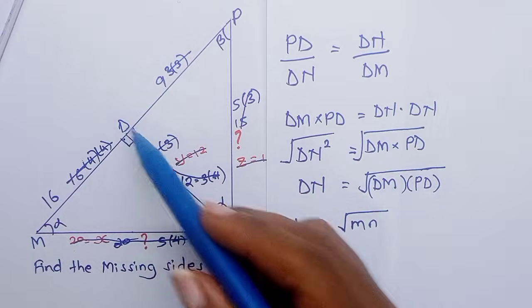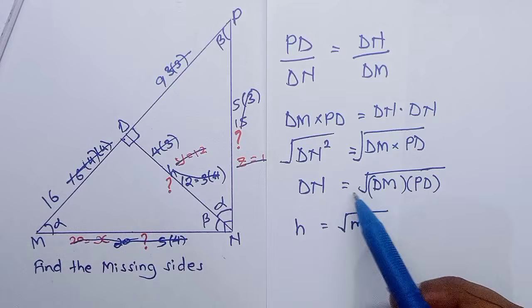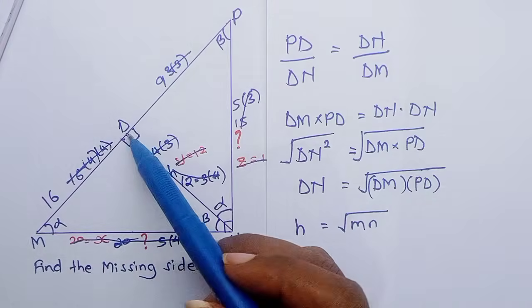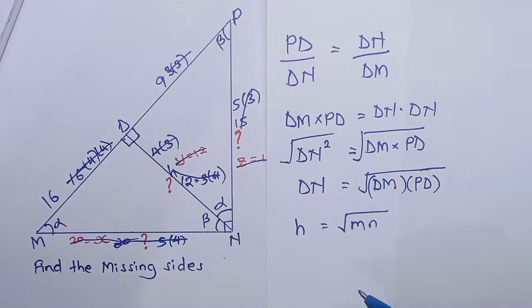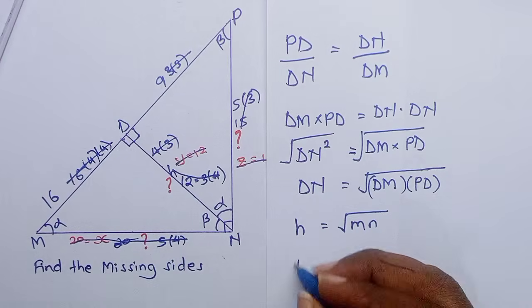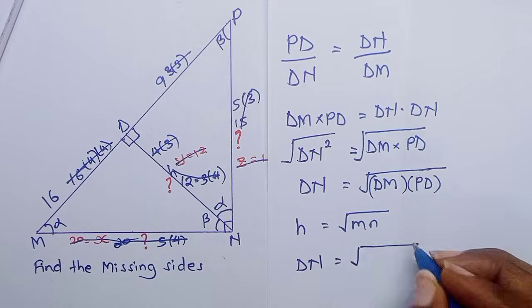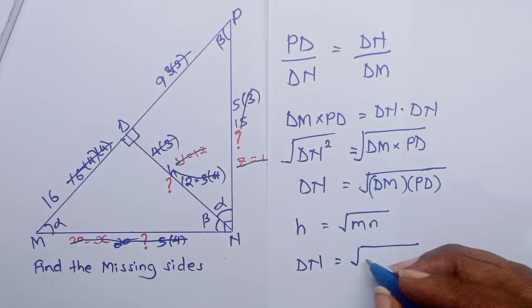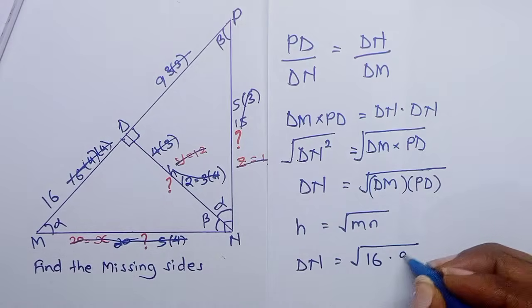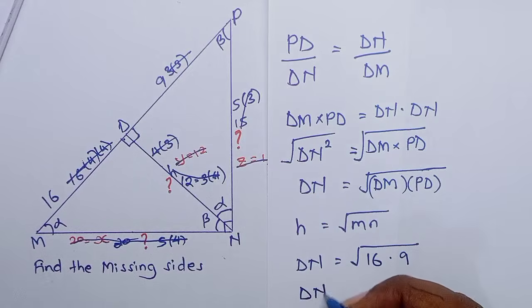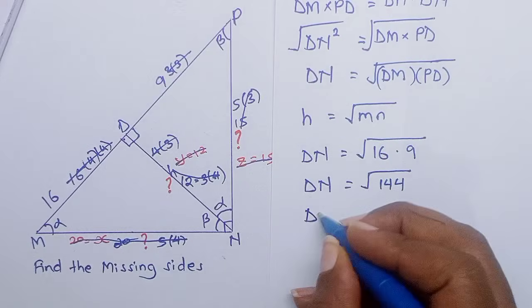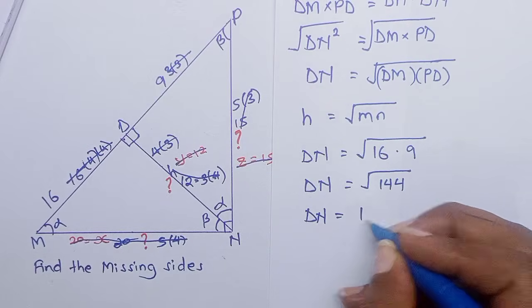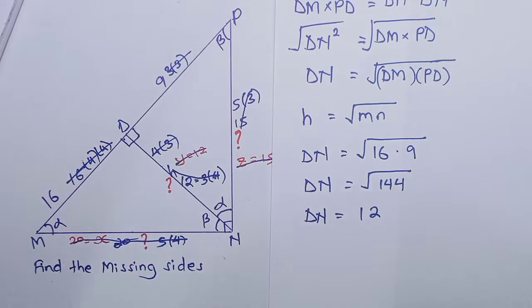So our DN is the h, which is equal to the root of DM times PD here. Therefore, DN is equal to the square root of DM, which is 16, times PD, which is 9. So DN is equal to the square root of 144, and so DN is 12, positive of course.